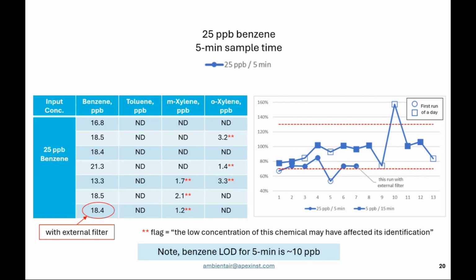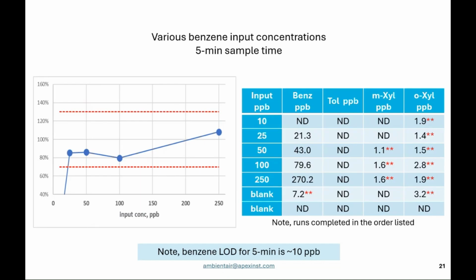And then again, we're seeing some variations in the first measurement of the day and occasional xylene readings, but again, this is below the limit of detection here. In this slide, we're detailing various benzene concentration inputs with a 5-minute sampling time.